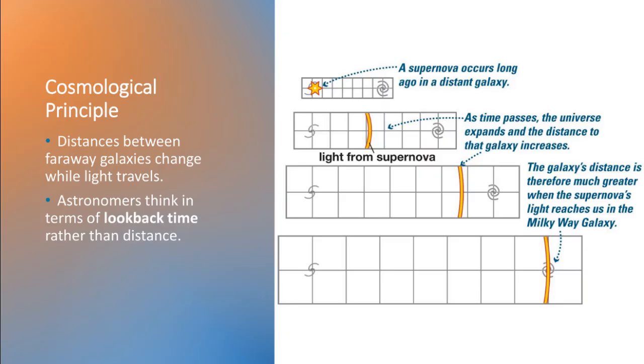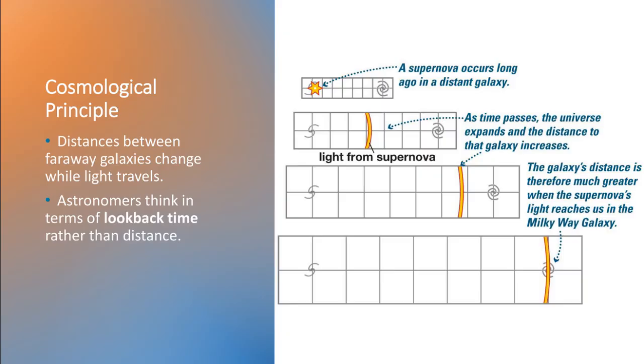And so we've kind of talked about this before, but because light has a finite travel speed, the farther away you're looking in the universe, the farther back in time you're looking. So in the first grid, you have light being emitted from some supernova, and then that light is propagating through space, but as the light is propagating, the space between the two galaxies is expanding, and so it takes more time than you might have originally thought for that light to make it from one galaxy to the other.